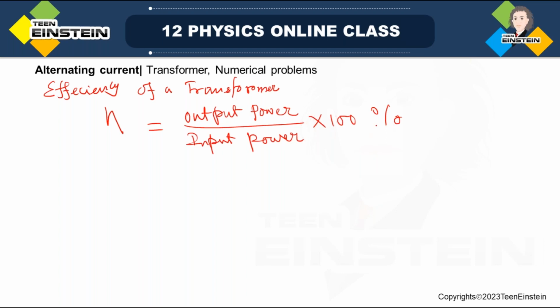This will give you the percentage efficiency of a transformer. So 100% means input and output power are the same. Okay, so this is efficiency.